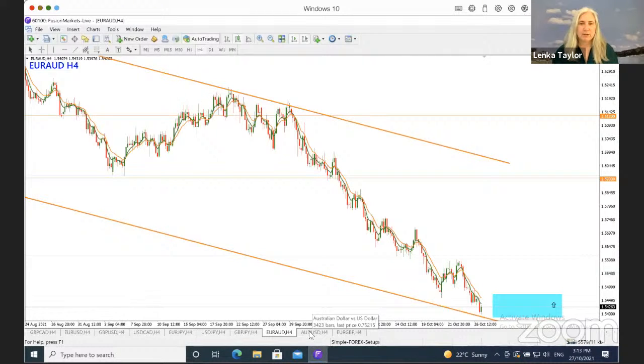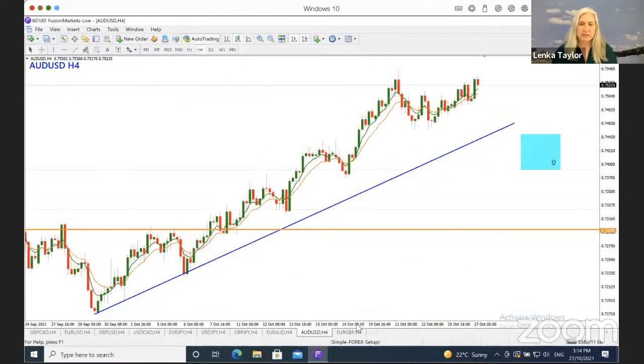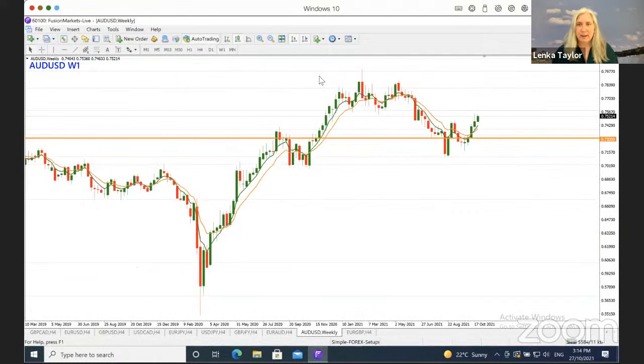So next currency pair I'm looking at is AUD USD. AUD USD, all right. I'm looking for long. But we are coming up to this level here, which I think might be a level of reversal.